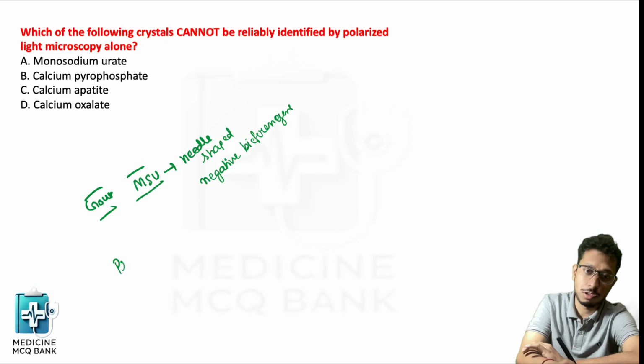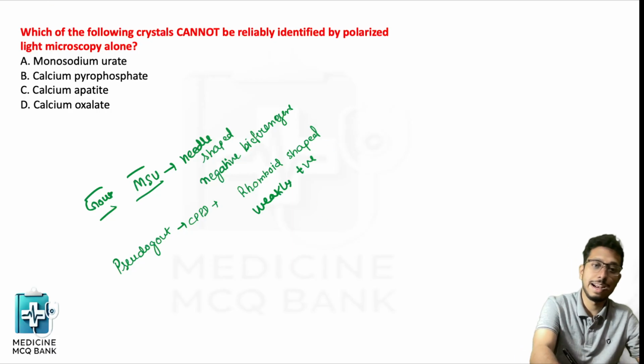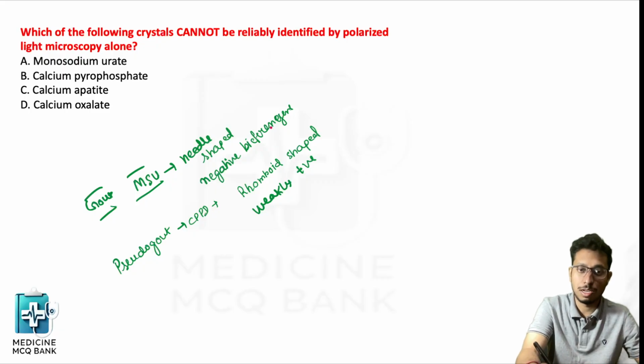Whereas pseudogout or CPPD disease leads to rhomboid shaped weakly positive bifurcations. Right. Now, what do you mean by negative bifurcations or positive bifurcations?